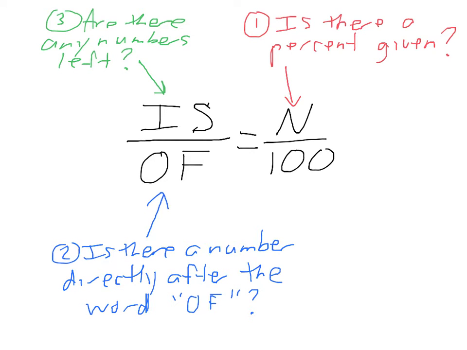If you look at the problem, if there is a number you haven't used yet, put it in the is spot. But if there isn't, put an X there.